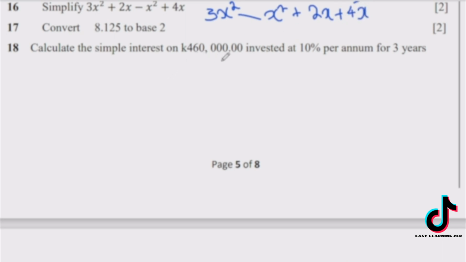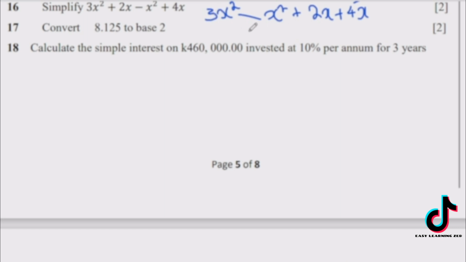Then we evaluate this. What we can do is here we take it that there is 1, it's 1x. So we say which one is bigger between 1 and 3? It is 3, so we maintain the positive sign. Then we find the difference of 3 and 1, which is 2.